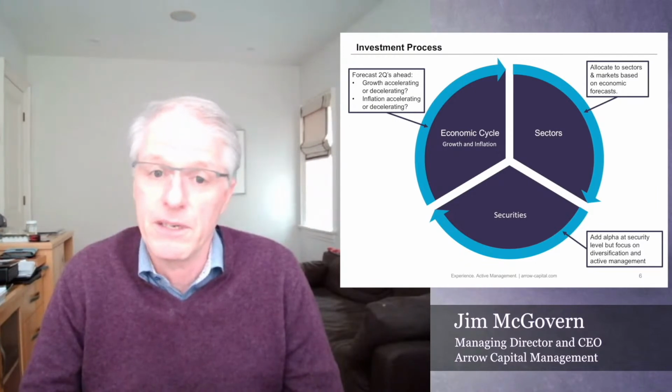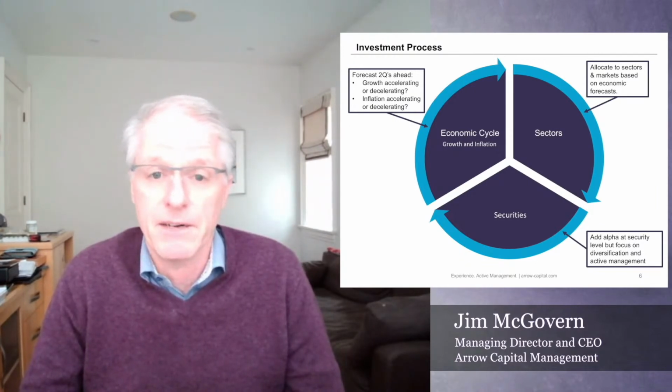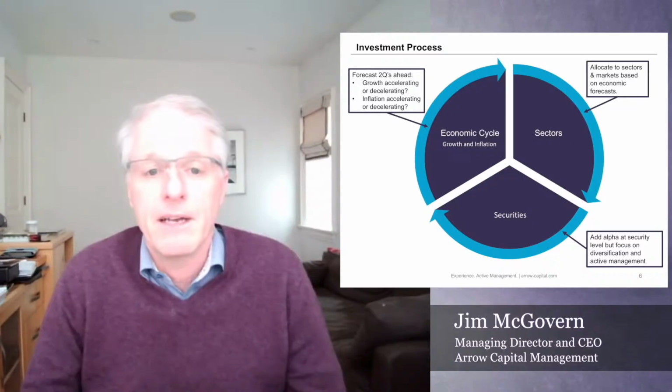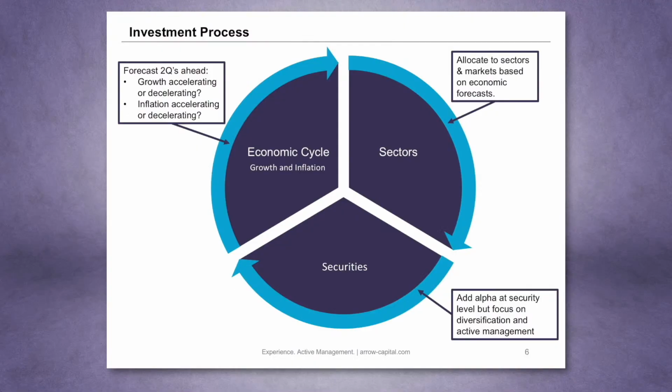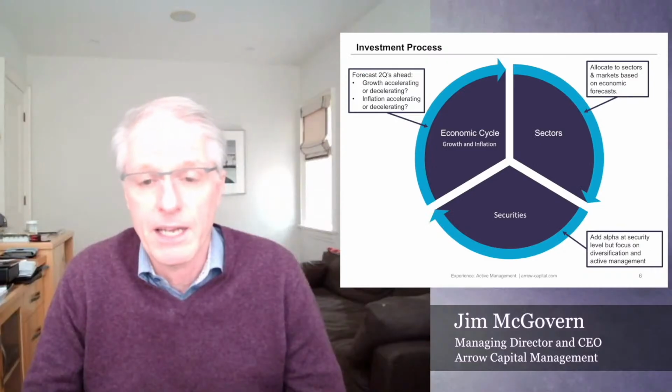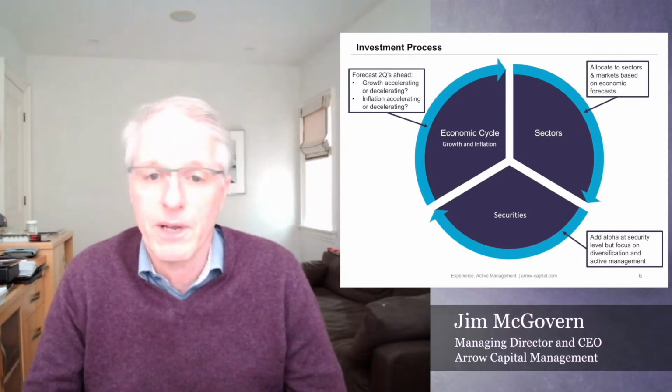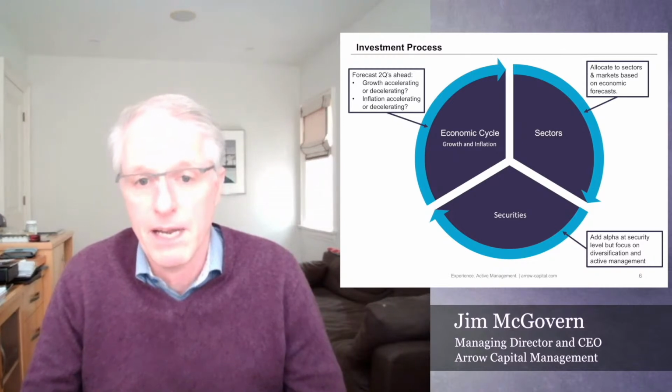Each of those scenarios demands, from a roadmap sort of perspective, different asset allocation, sector allocation, and so on. And we basically follow this process in terms of setting those allocations. So once we have our view, which is determined by forecasting only 1 to 2 quarters in advance, these are shorter term forecasts that also have a higher degree of probability of being right.